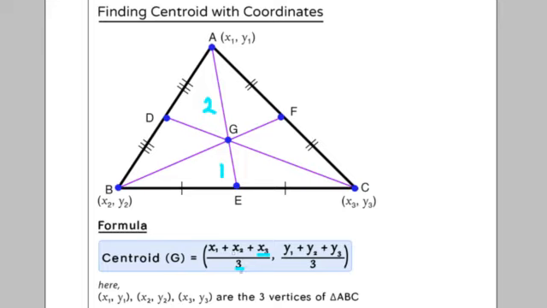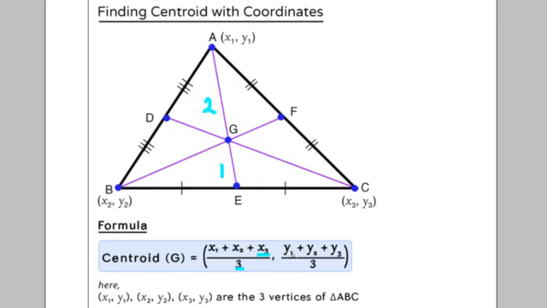So it is very easy to remember if we remember the midpoint formula. The only thing is there are 3 terms divided by 3. If we keep this in mind, it will be very useful for solving problems regarding the centroid of a triangle.